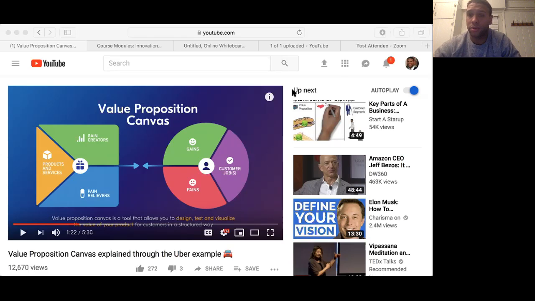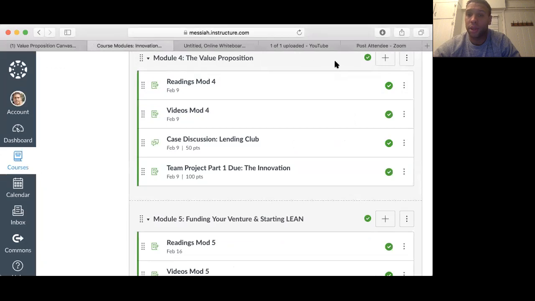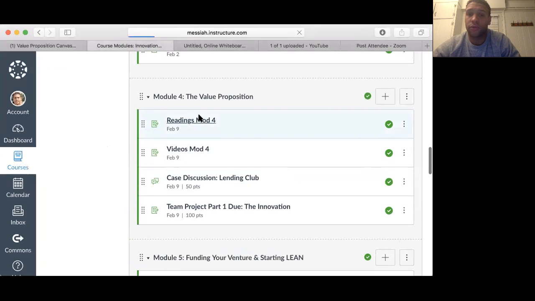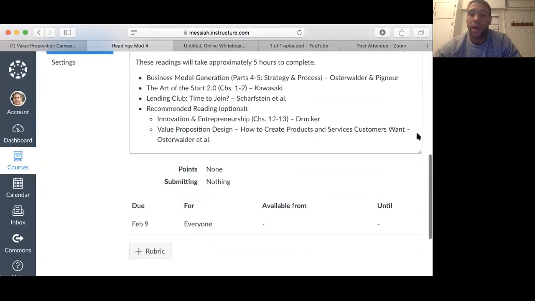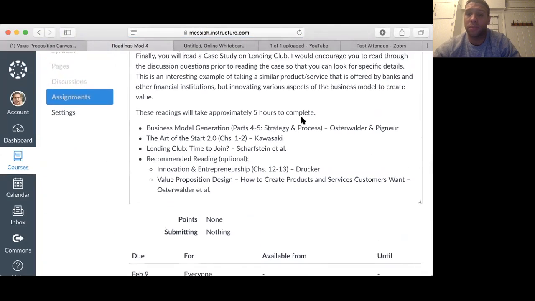So as we move forward here to some of the assignments this week, from a reading standpoint, we are going to finish up Business Model Generation. We are going to start The Art of the Start, which is a great book by Guy Kawasaki, with very practical advice as it relates to starting a business.